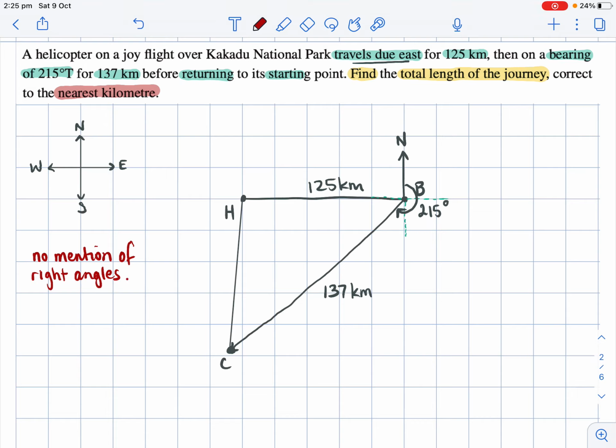So no mention of right angles. Don't use SOHCAHTOA, unless you're sure there's a right angle triangle in the problem. But we do have a triangle, so let's then assume that it is a non-right angle triangle.